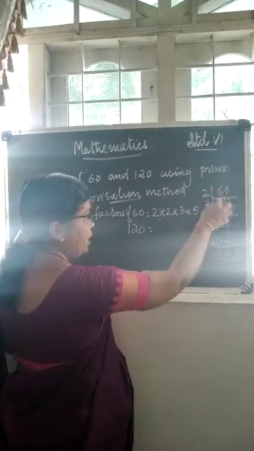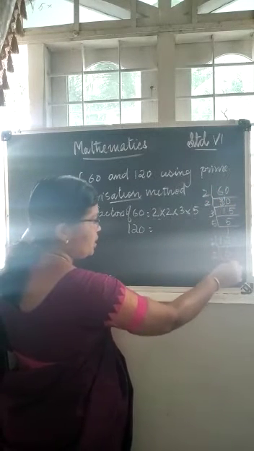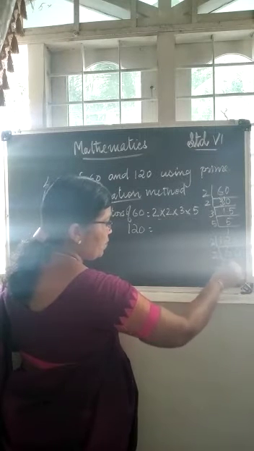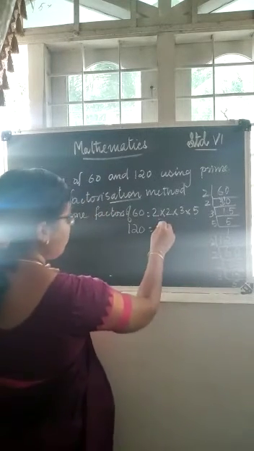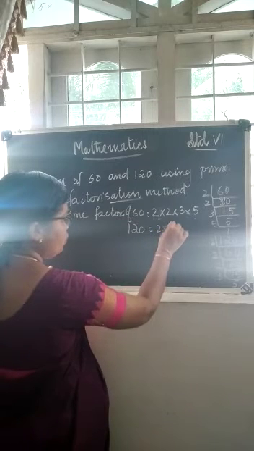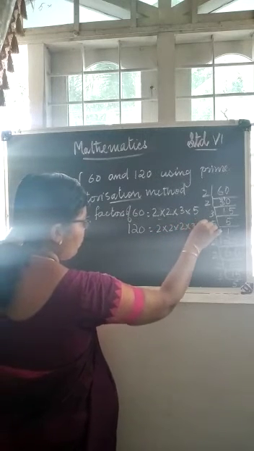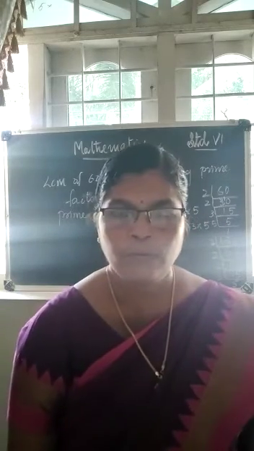Now see, again 60 only, same factors will come. So again by 2, then 30 we get, again by 2, 15, then by 3 we get 5. So the factors of 120 are 2 into 2 into 2 into 3 into 5. These are the prime factors of 120.